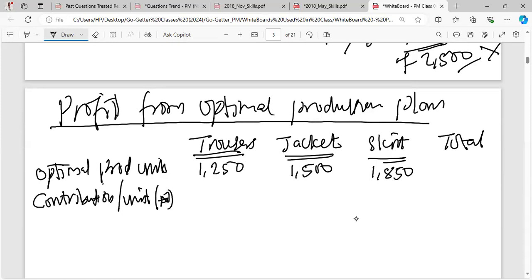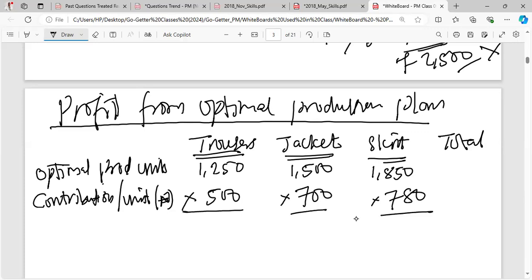The contribution per limiting factor is just for the purpose of ranking so that we can get our optimal production plan. After that, we dump it. We will use our original contribution per unit, which was 500 here, 700 here, and 780. So we are going to multiply them. You will now see total contribution.